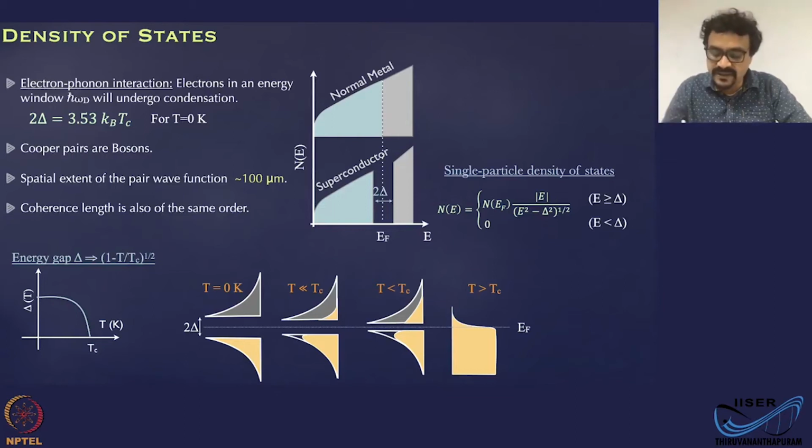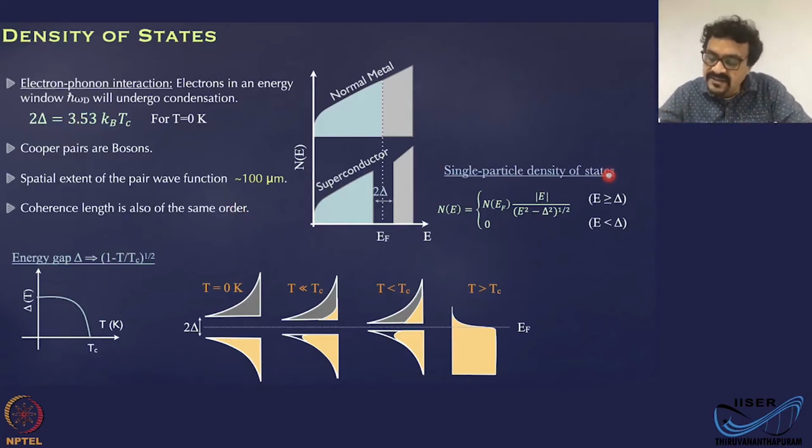So there will not be any state available for electrons within this 2 delta window, and all these Cooper pairs are actually bosons. They will condense onto this single state at EF. And also the spatial extension of this pair wave function could be hundreds of micrometers, and the coherence length is also somewhat in the same order.